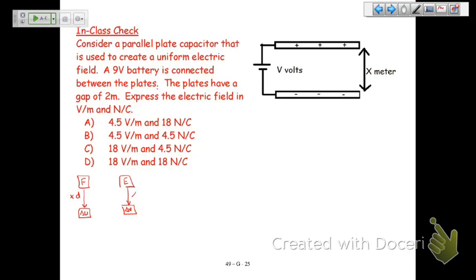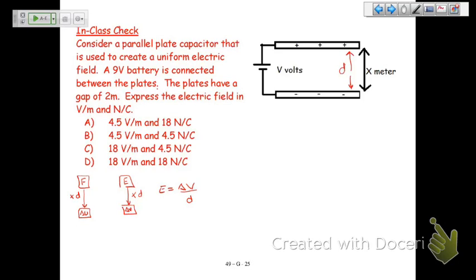So if I want to find my electric field, E is equal to delta V divided by some kind of length. Let's call it D, from there to there. Often it's called delta X.